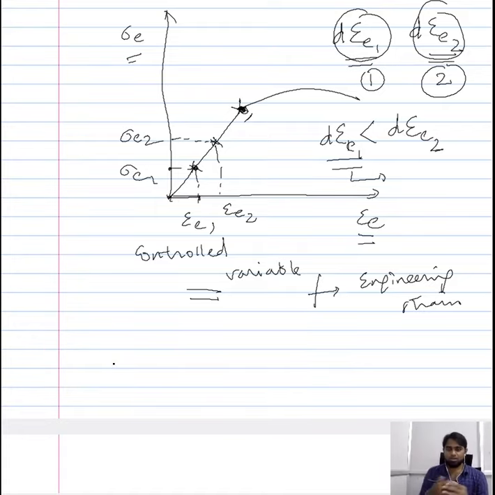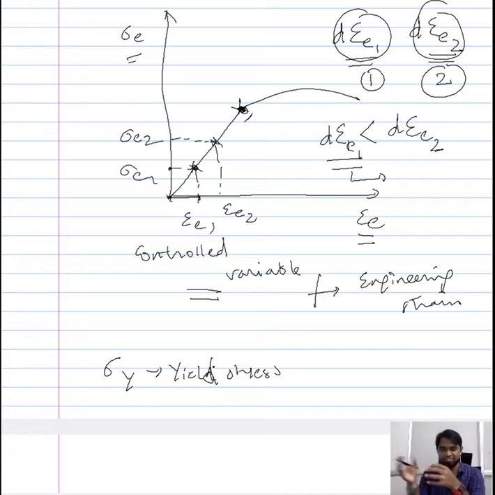Given that the proportionality or elastic limit is dependent on the sensitivity of the machine, we now introduce a new parameter called the yield stress. It states that beyond this point in the curve, whatever deformation the material exhibits has an irreversible component to it.